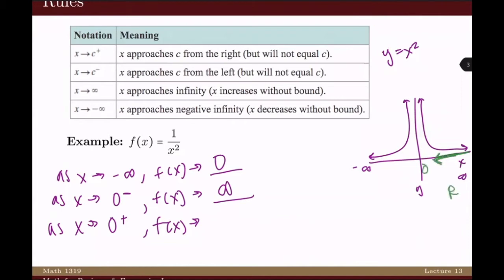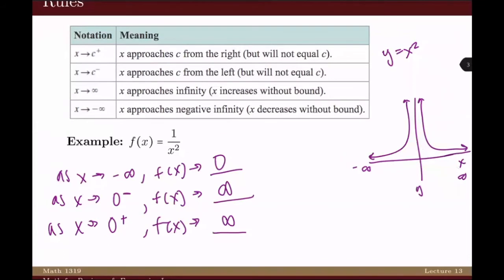So I put my little dude here on my graph, and he's walking towards x equals 0, and he's walking up and up and up, right? As we get closer and closer to 0, our points are going to be really, really high up towards, you guessed it, infinity. So as x approaches 0 from the right side, our y value is going to go towards infinity. Do you see?